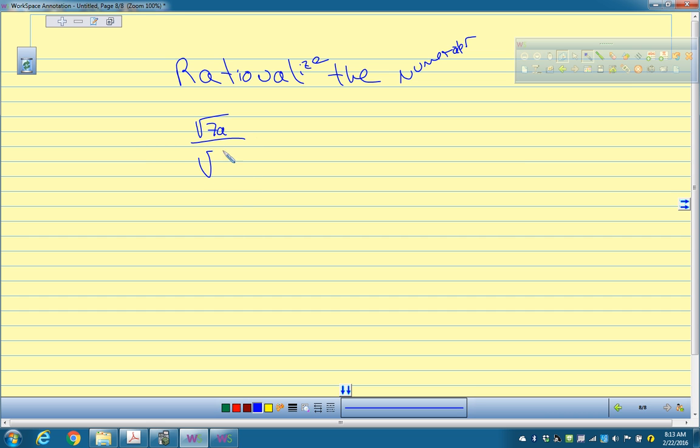So this is kind of one involving letters. How can I get rid of the square root in the numerator? What would I times by? Root of 7a. Because a root times a root is going to make it disappear. But down here, I also have to multiply by root of 7a. What's root of 7a times root of 7a? 7a, right?